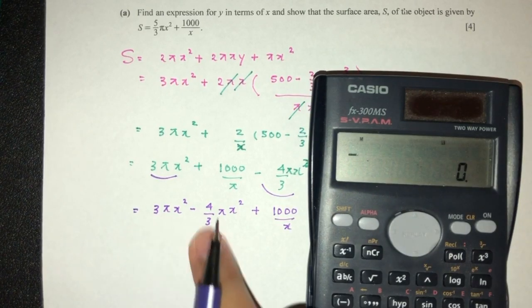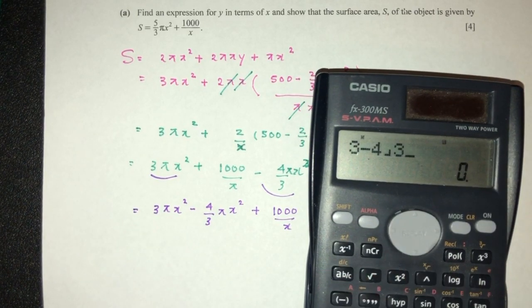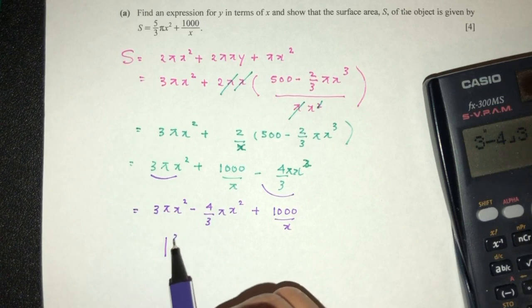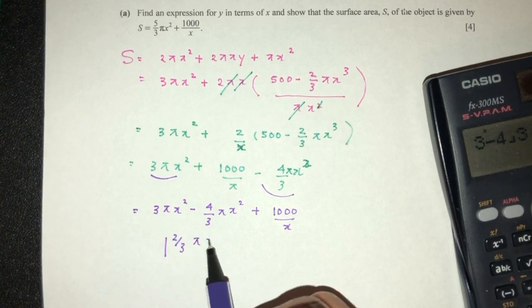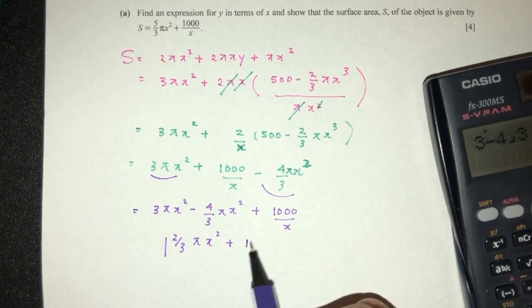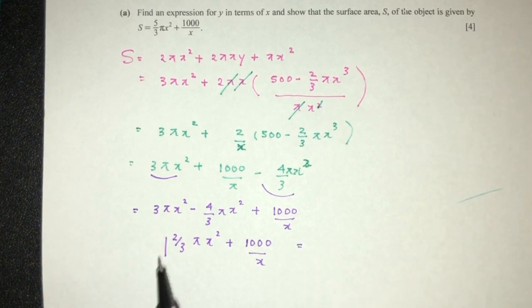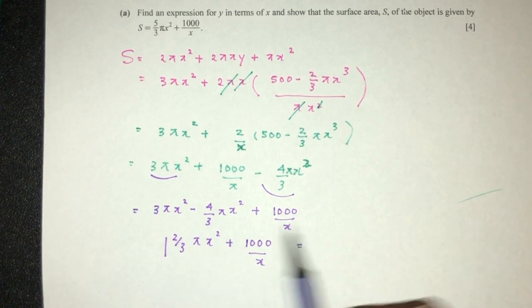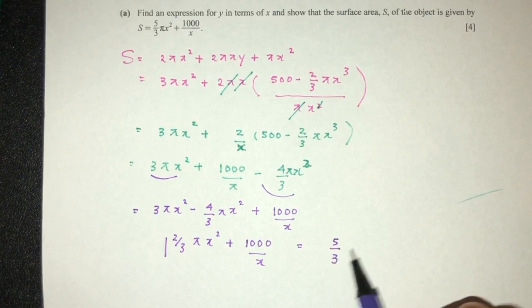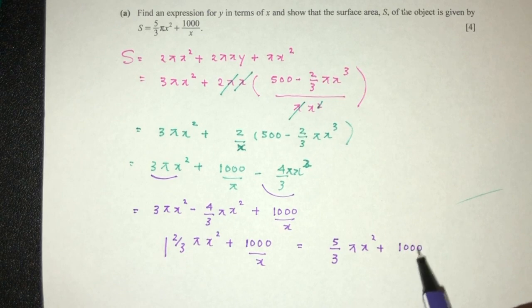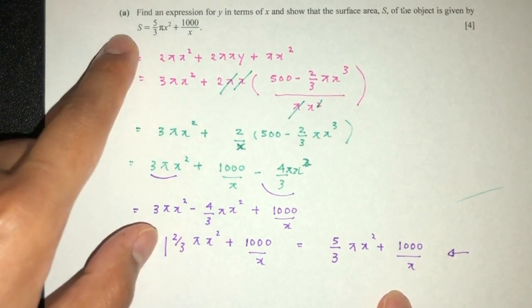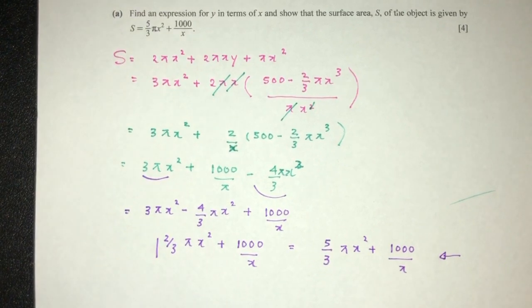So 3 minus this, that will be 5 over 3 pi x squared, the same thing as 1 times 3 is 3 plus 2 is 5, so 5 over 3 pi x squared plus 1000 over x. Okay, and that is shown as required for part A of your question.